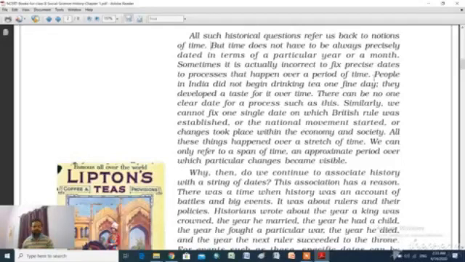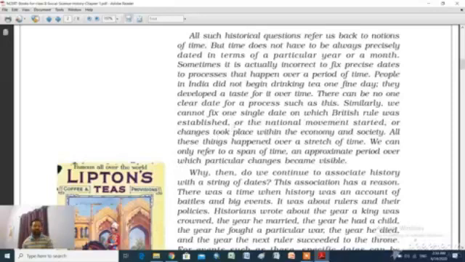For example, the people of India did not begin drinking tea one fine day. They developed the taste over time. There can be no one clear date for a process such as this. Similarly, we cannot fix one single date on which British rule was established.